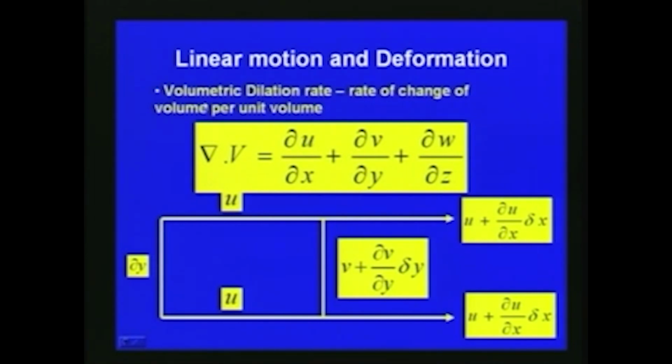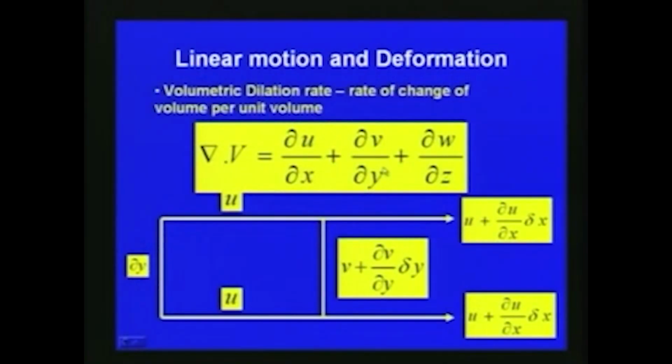So the volumetric dilation rate, that means the rate of change of volume per unit volume, can be expressed by this equation, since we will be dealing with the velocities in x, y and z direction. So the rate of change of volume per unit volume is del u by del x plus del v by del y plus del w by del z, where u, v and w are the velocity components in x, y, z direction.